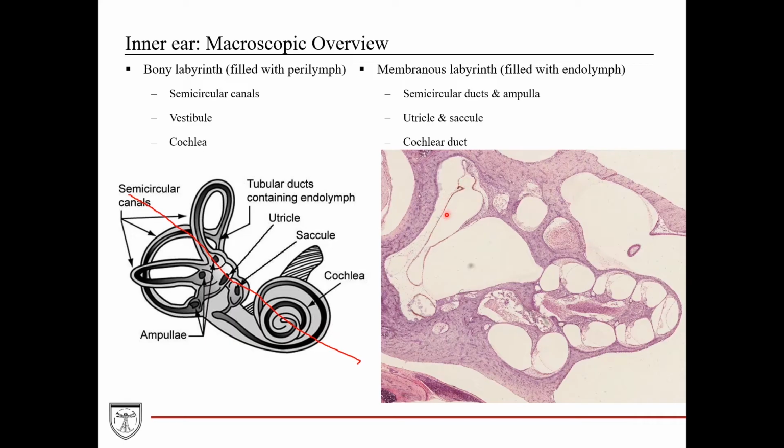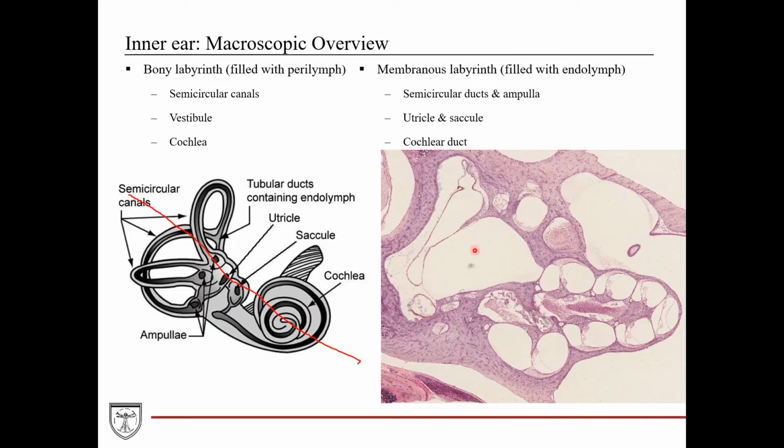And on the inside of the bony labyrinth, we can see this network of complex tube-like structures, which is the membranous labyrinth. So this is most likely a utricle and the beginning of the semicircular duct. And this might be a semicircular duct that we cut in cross-section.